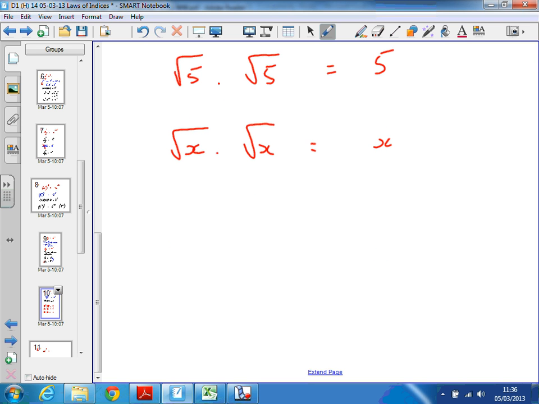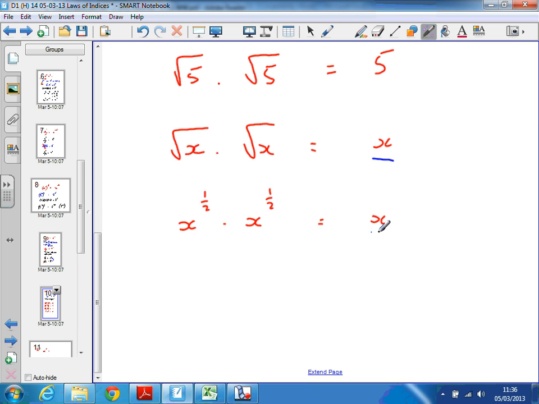Now, x to the power half multiplied by x to the power half, from the first law of indices, is x to the power 1, or just x, yeah? A half plus a half, 1. We don't normally bother to write the 1. Look at this.